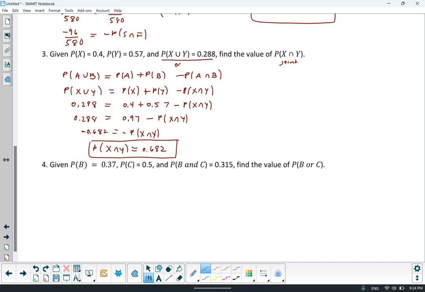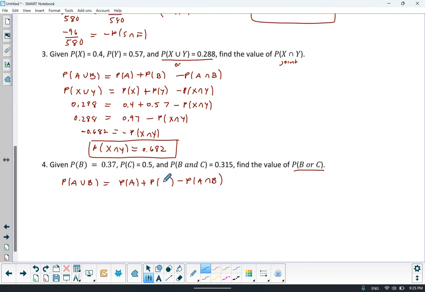For number 4, in this case, I'm trying to find the probability of B or C. And again, I see that word or, and I use the general addition rule. Make sure you're practicing writing it down.